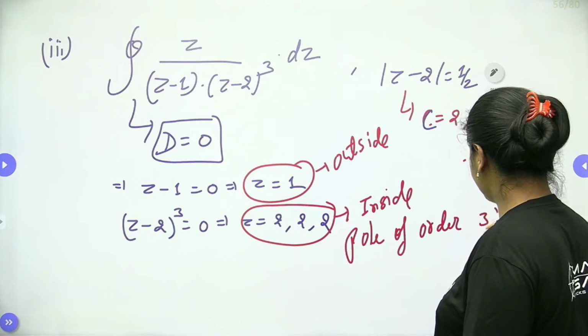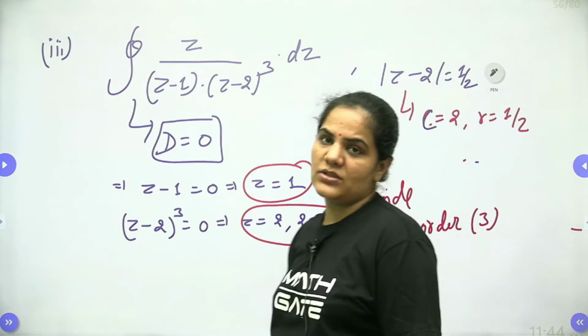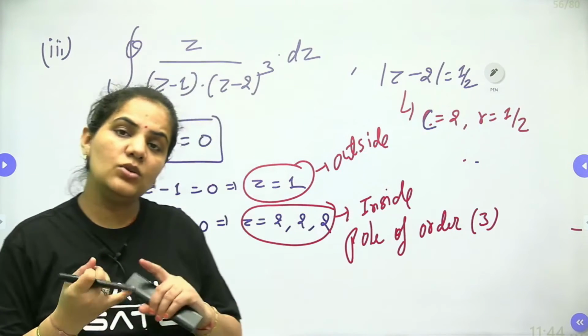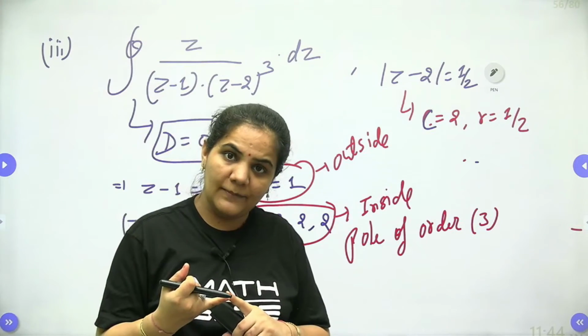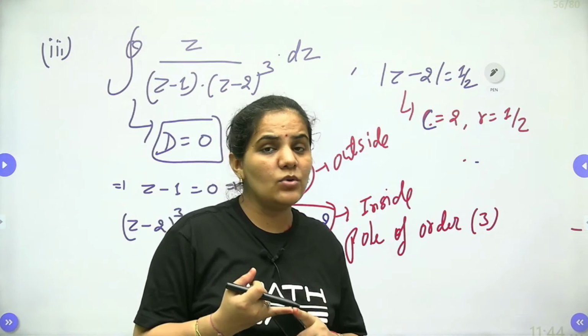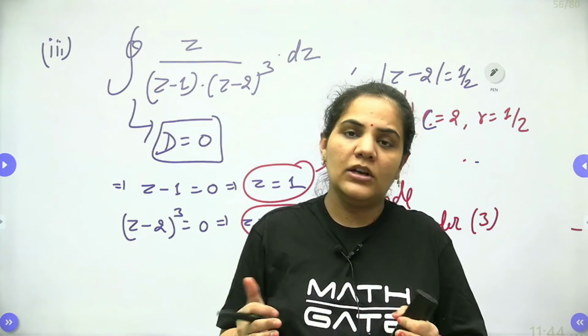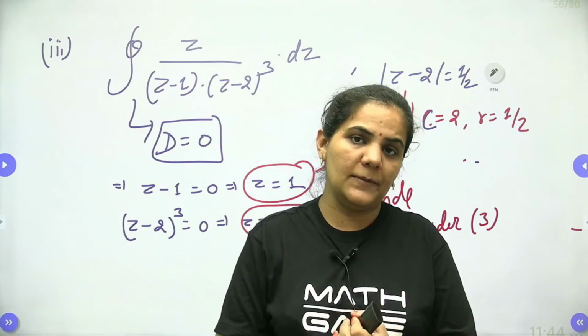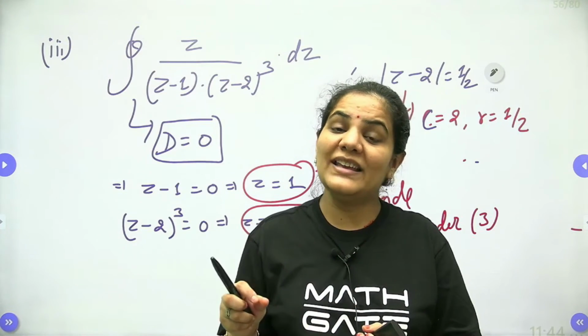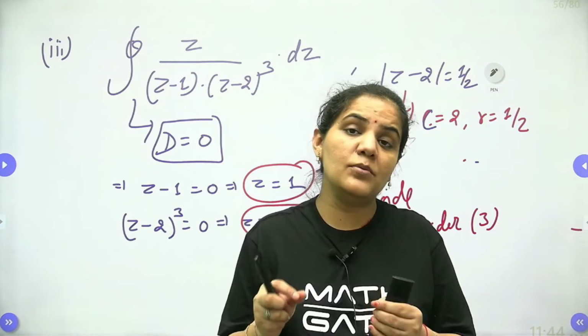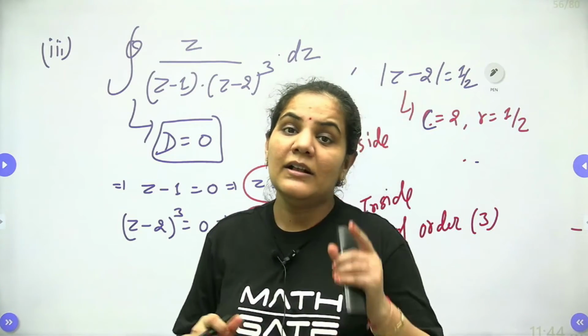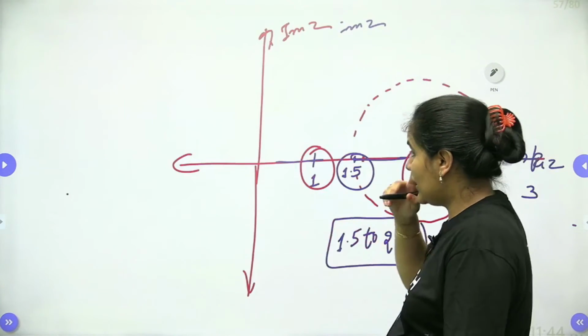Just remember, dear students, whenever you are applying Cauchy's integral formula, and suppose you have 2 poles, if one pole is lying inside the closed curve and one pole is lying outside the closed curve, then you will approach with the technique of IDON.